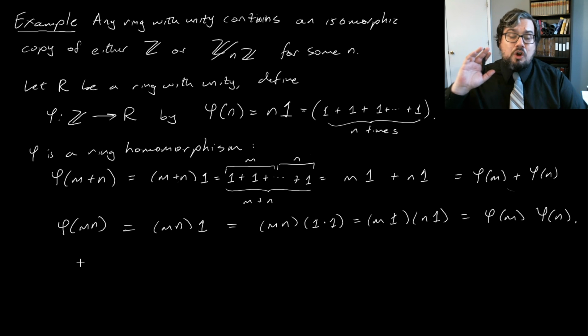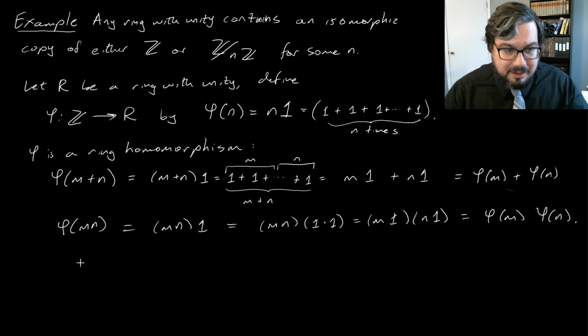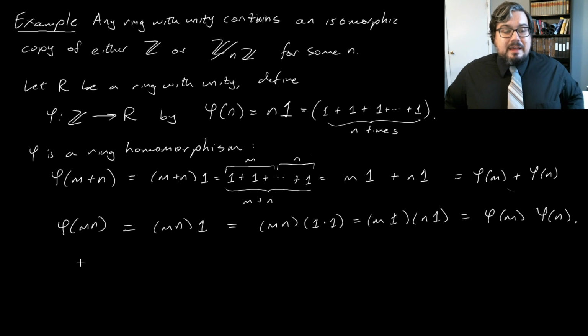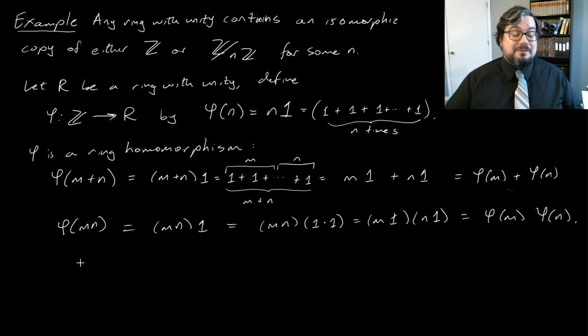Now, phi is almost certainly not surjective. Most rings have lots and lots of things about them other than the image of phi. However, remember the alternate version of the first isomorphism theorem we talked about that applies even to homomorphisms that aren't surjective.